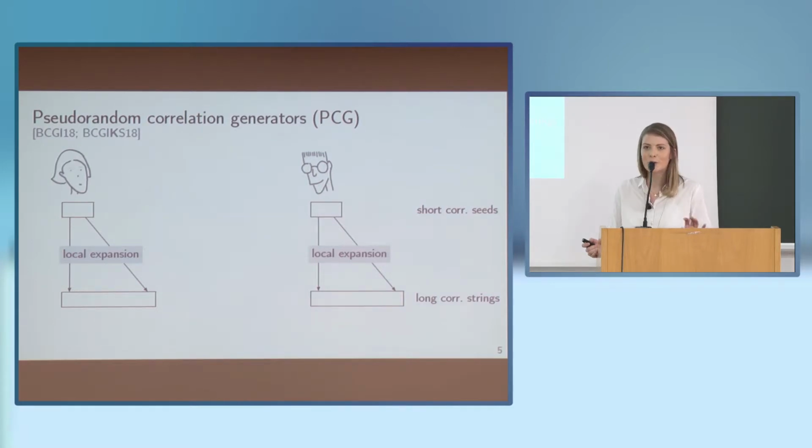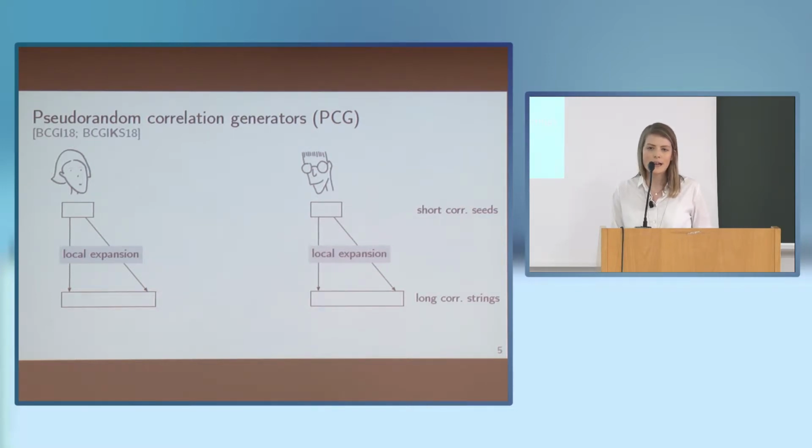The tool we will use for this talk is pseudorandom correlation generators, a primitive introduced quite recently in this form. The idea is that you have a short correlated seed, and you can locally expand it to long pseudorandom strings that satisfy some correlation.